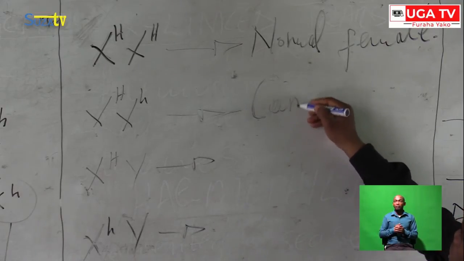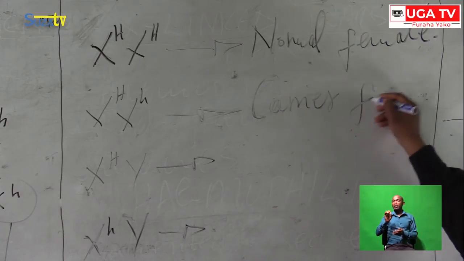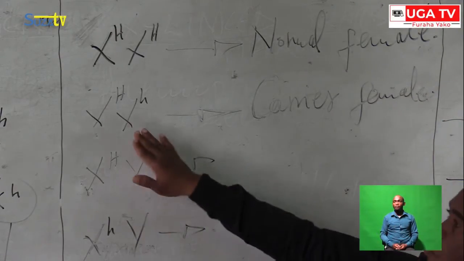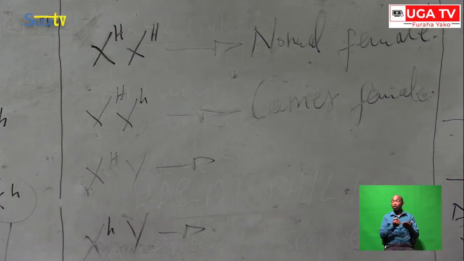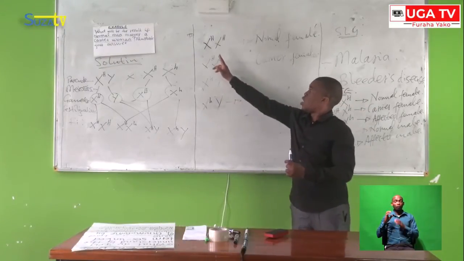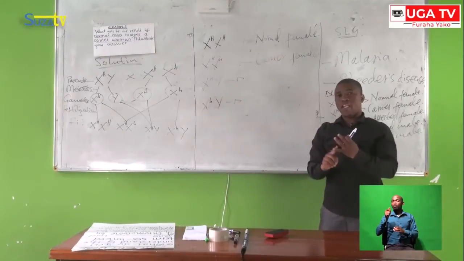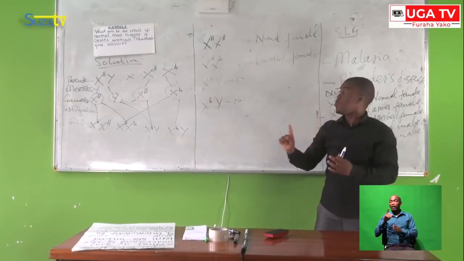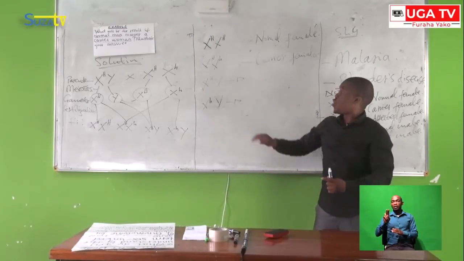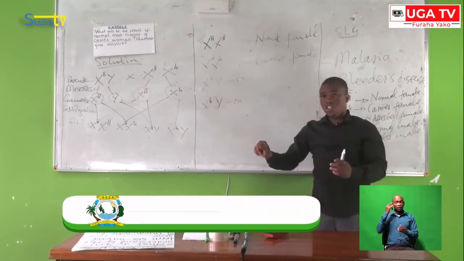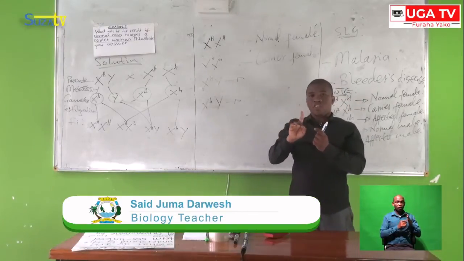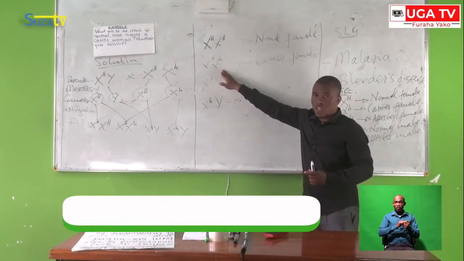She's a carrier female. Why? On one X chromosome she carries a dominant gene, while on the other X chromosome she carries a recessive gene. So this gene cannot show any effect of the disease.